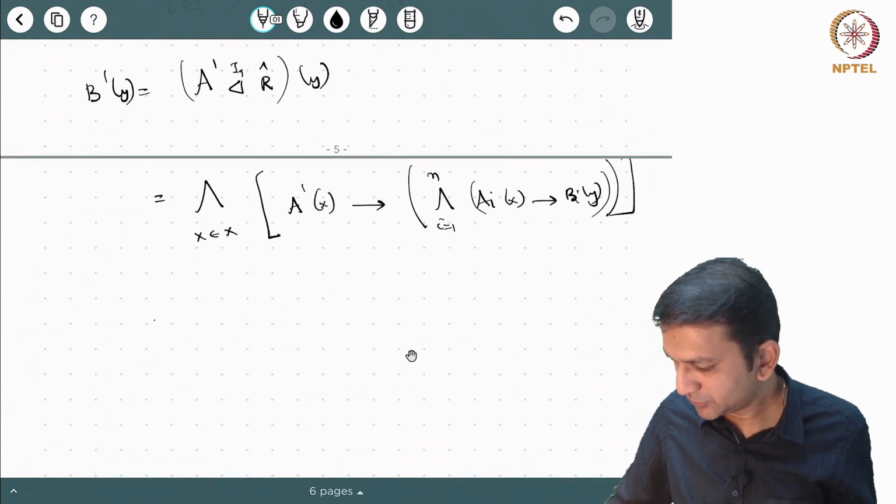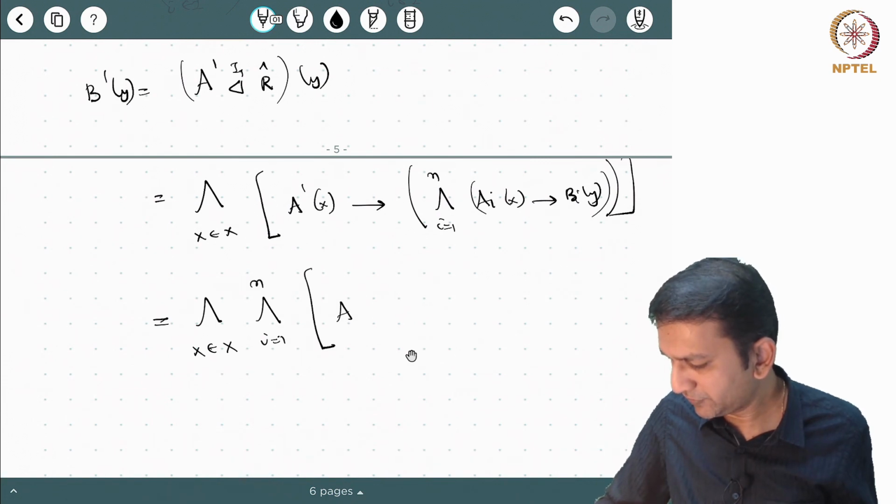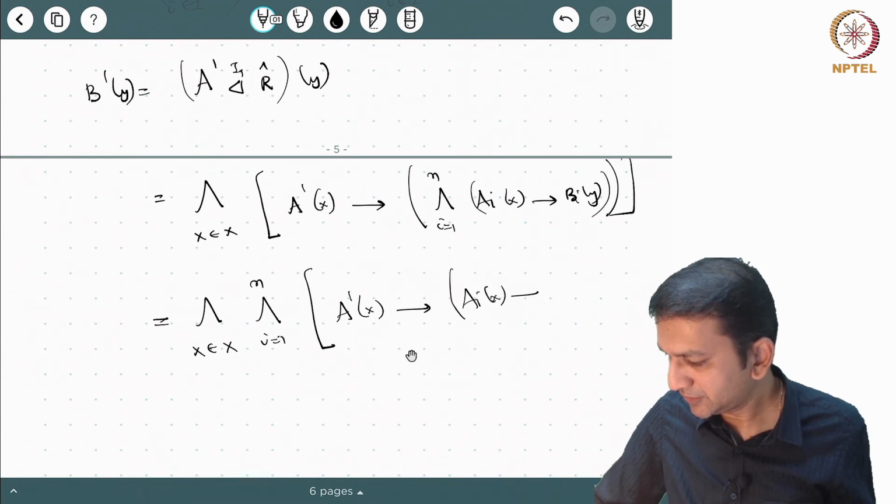Once again, as we did earlier, we can pull out the conjunction over the rules outside, and what we are left with is A dash of x implies (Ai of x implies Bi of y).